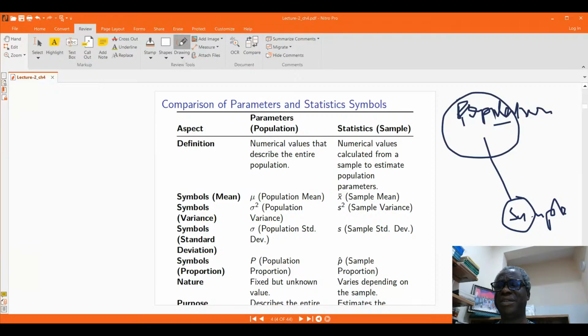Similarly, whatever value you compute from the population, you can also compute from the sample. If it's coming from the sample, then you call it a sample statistic.